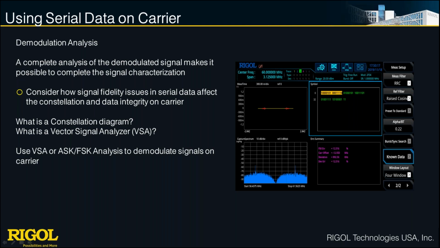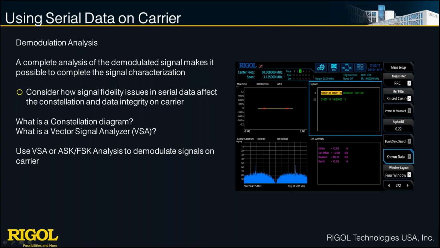You can see that real-time trace at the bottom left, which looks very similar to what we just saw in the FFT. We've got an error summary in the bottom right that shows some characteristics of these signals. And in the top right, interestingly, the instrument shows the bit pattern it's demodulating from that carrier. So we can look right at the bit pattern.